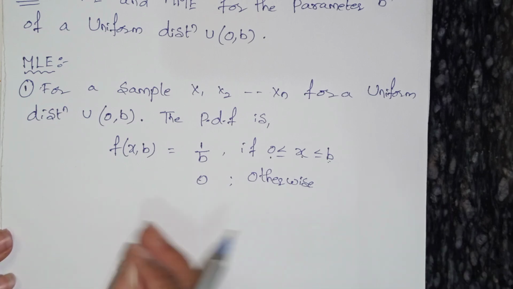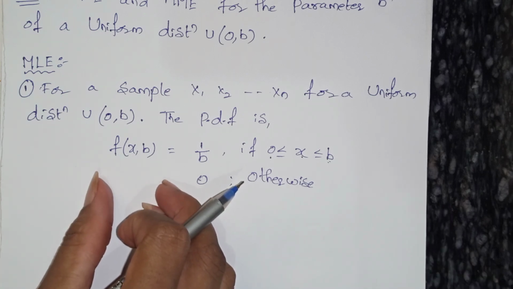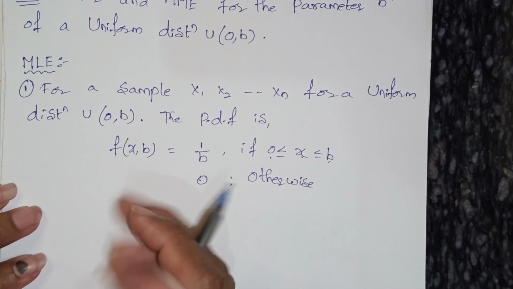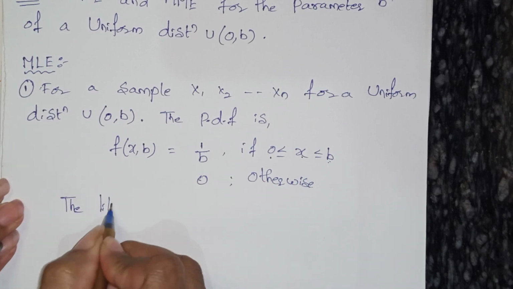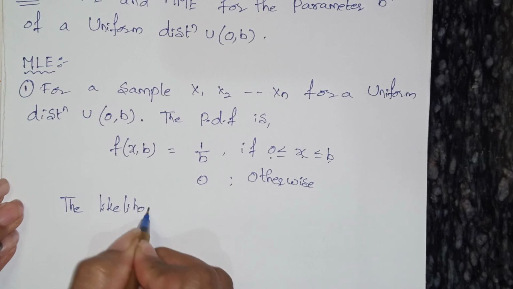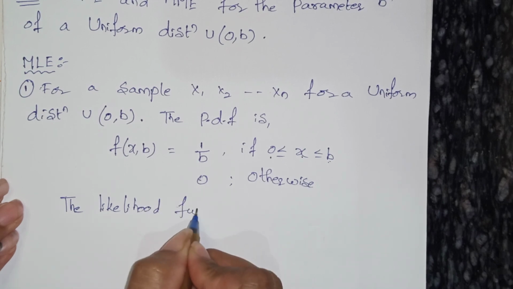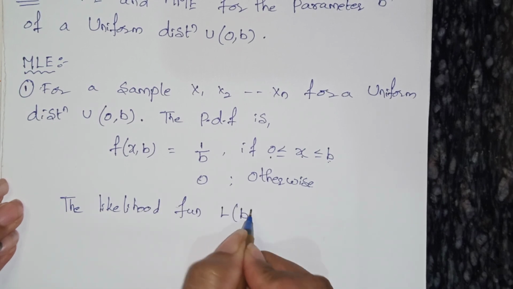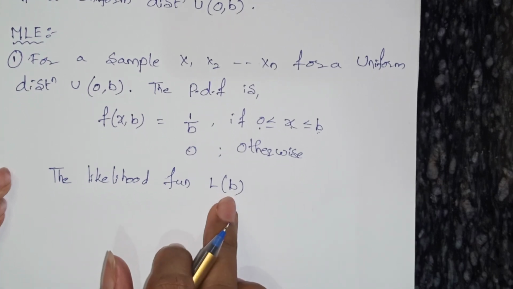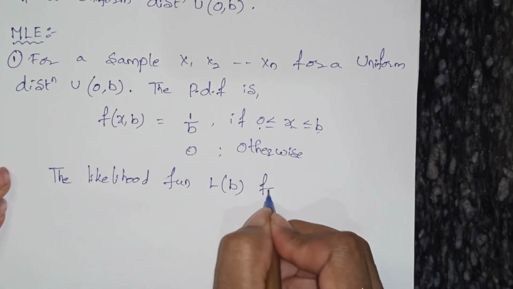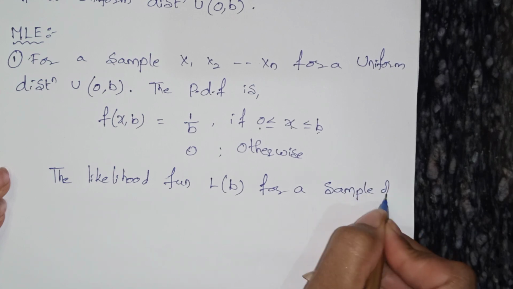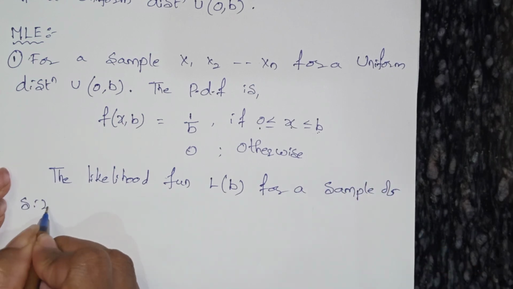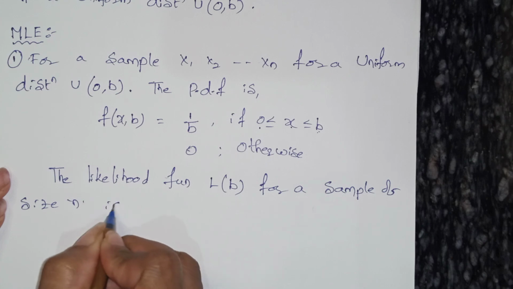Next, now that we know what the PDF is, we have to write the likelihood function L of B for a sample of size n.